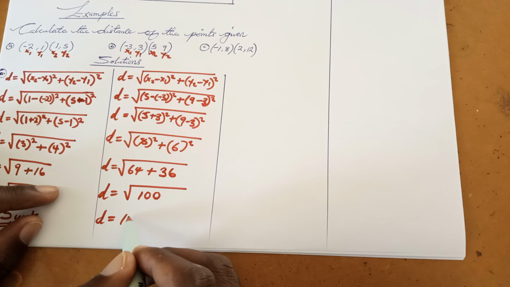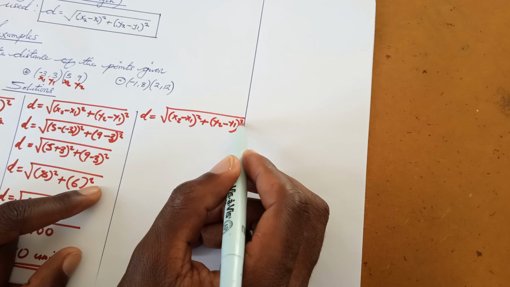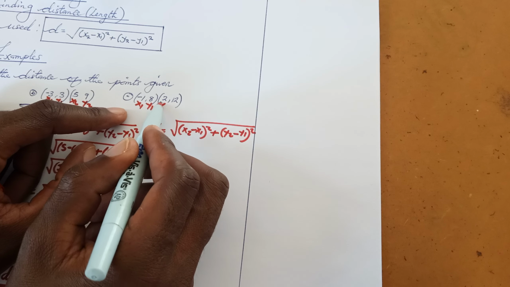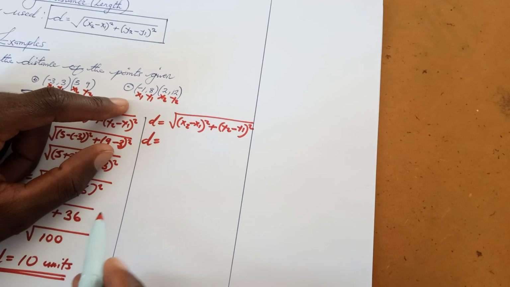Last example, we're going to say distance is equal to the square root of x2 minus x1 squared plus y2 minus y1 squared, like that. So therefore, this is our x1, y1, x2, y2. So say the square root of, x2 is what?